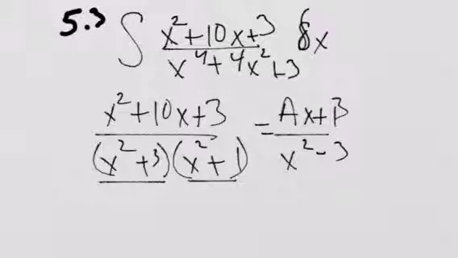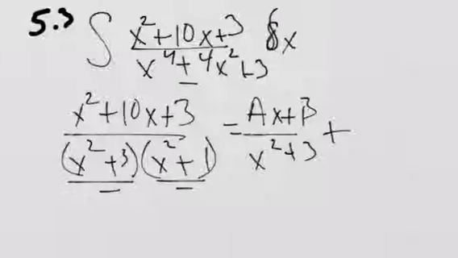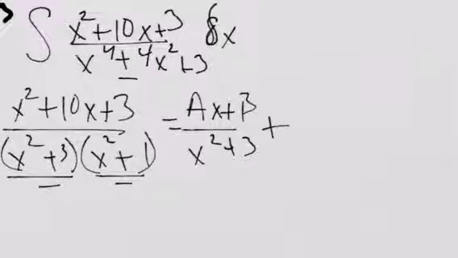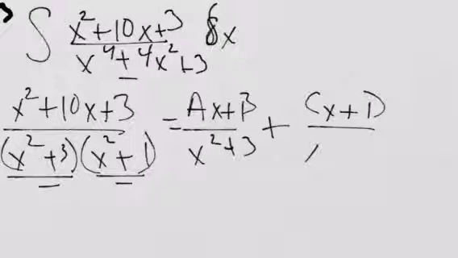Okay, and that just makes things a little bit better later on. So I just changed that to a plus: x to the 4th plus 4x squared plus 3. That changed my factors down here to x squared plus 3 and x squared plus 1. Then I'd be adding to it this next piece, cx plus d over x squared plus 1.